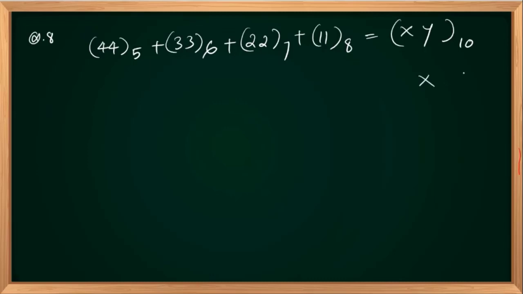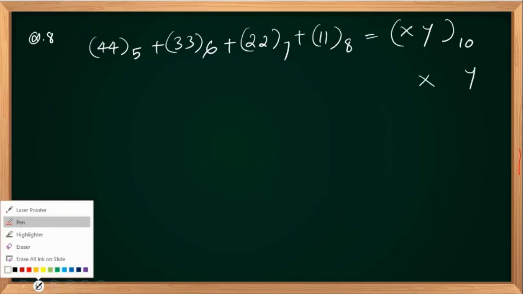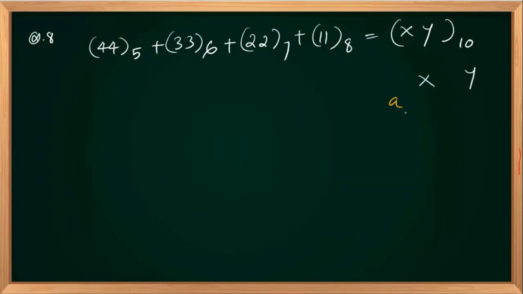Find the values of x and y. Four options: 40, 60, 70, 80. So you should convert into decimal and find the decimal equivalent, individual digits x and y.